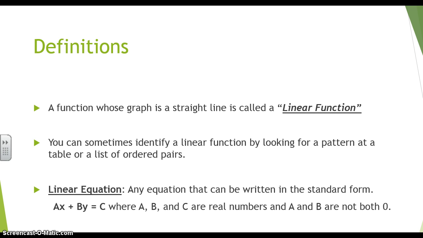You can sometimes identify a linear function by looking for a pattern in a table or a list of ordered pairs. And sometimes you'll see linear equations that are written in what we call standard form, and that is in the form of ax plus by equals c, where a, b, and c are real numbers, and a and b are not both 0, so a and b cannot be 0.